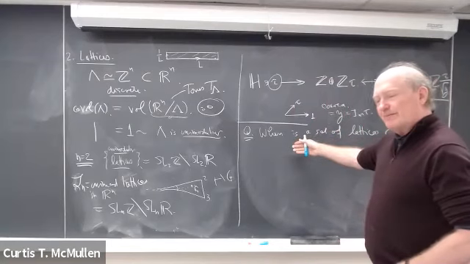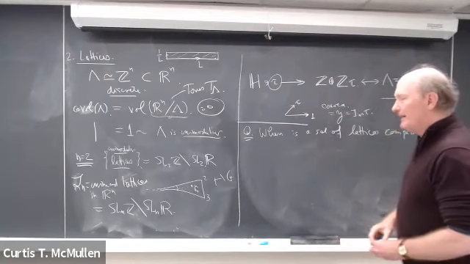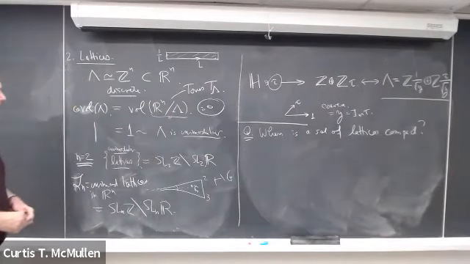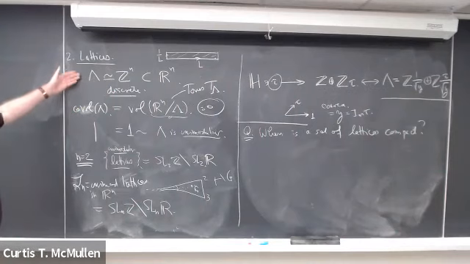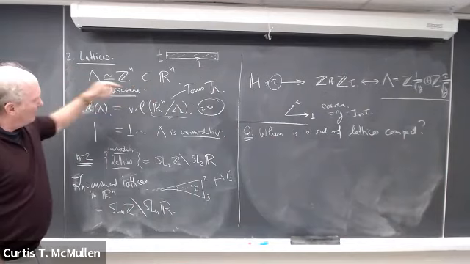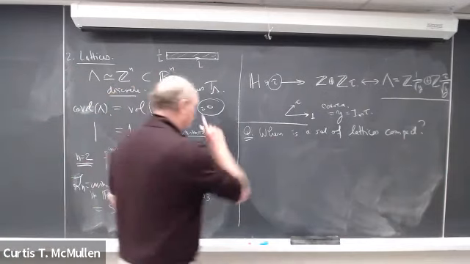Well, this question has a beautiful answer and a very simple one that works in all dimensions. This is called Mahler's compactness criterion. So what we notice is that if we have a lattice in R^n, there is a natural invariant associated to it, which is the length of its shortest vector.